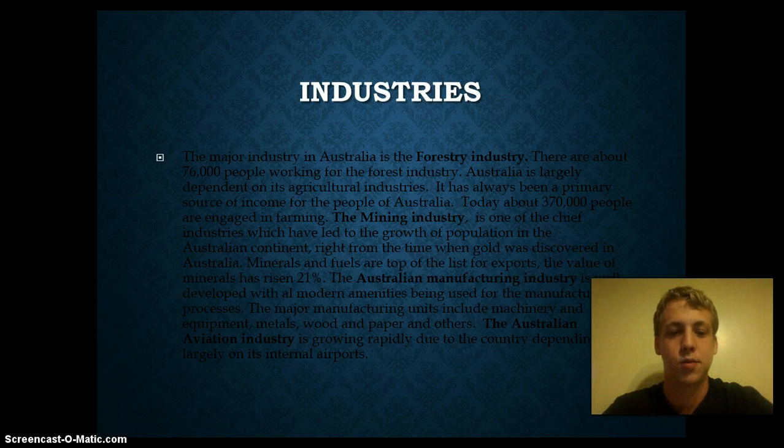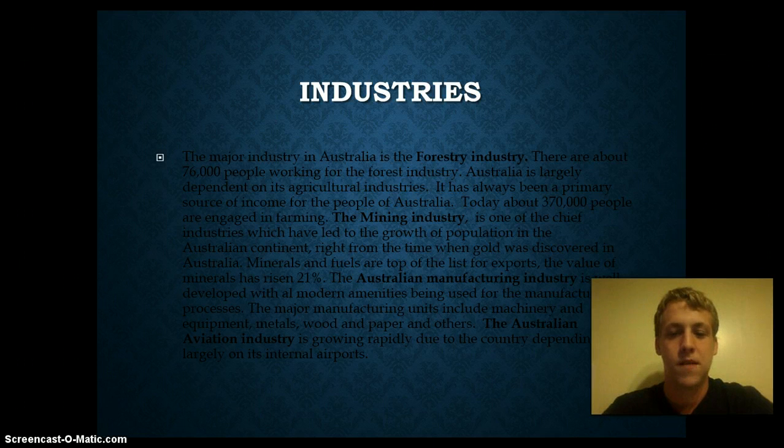The mining industry is one of the chief industries which have led to the growth of population in the Australian continent. Right from the time when gold was discovered in Australia, minerals and fuels are top of the list for exports. The value of minerals has risen 21%.